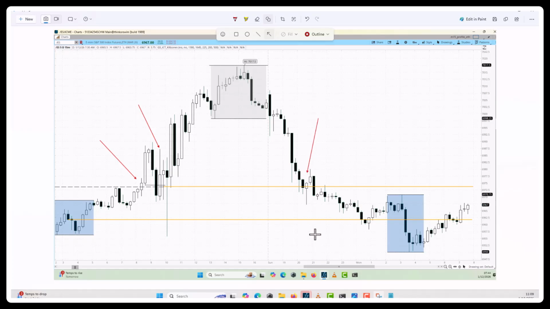To the downside, you have 1, 2, 3. But by the way, you see that level, right?